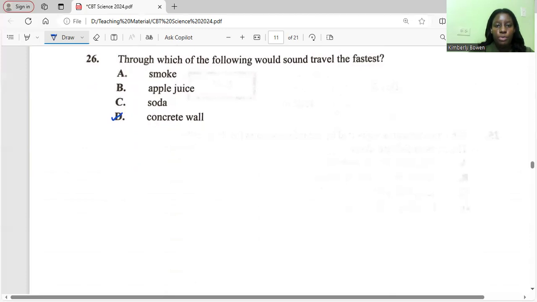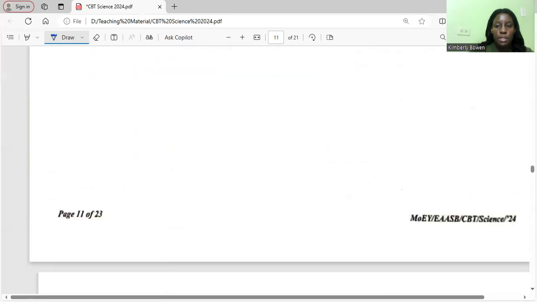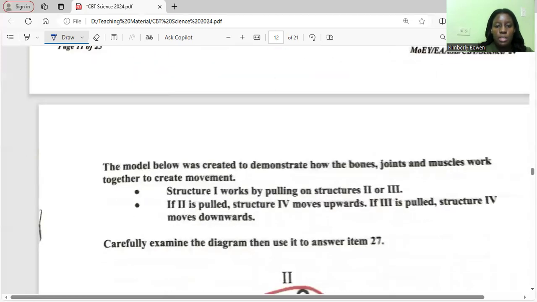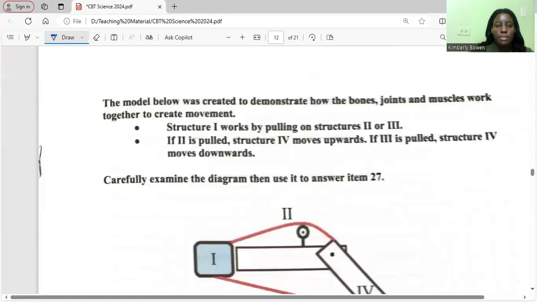Let's move on to number 27. The model below was created to demonstrate how the bones, joints, and muscles work together to create movement.